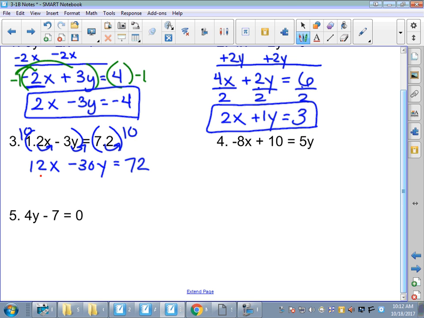I notice I have a 12, a 30, and a 72. I know that 2 goes into all of those. So if I divide each term in half, I'll end up with 6x minus 15y is equal to 36.